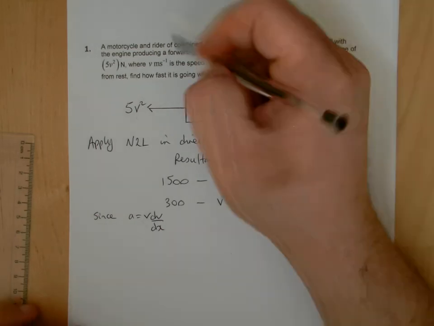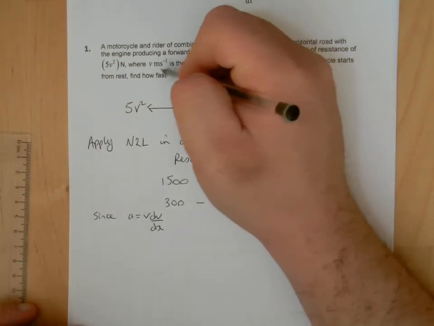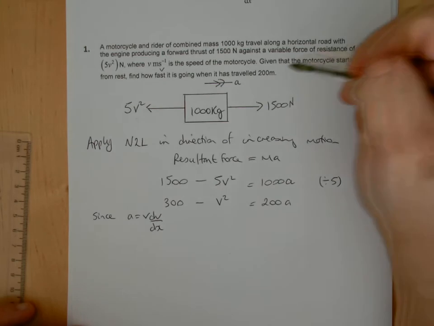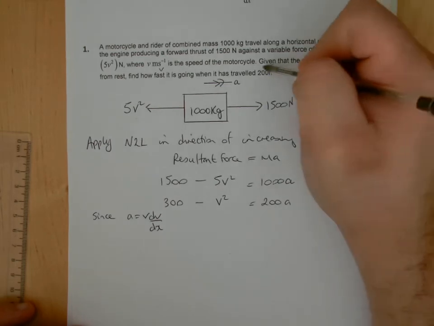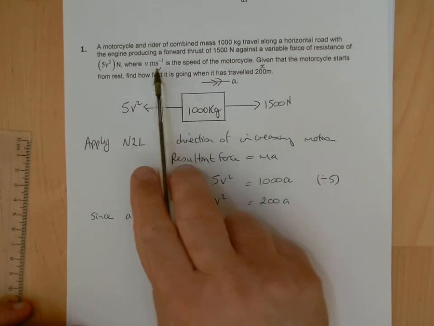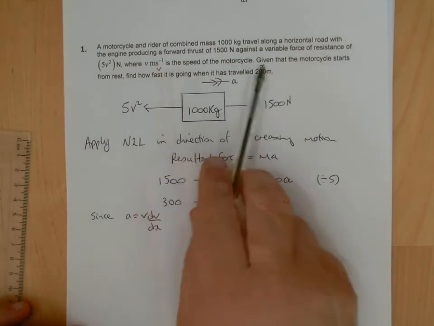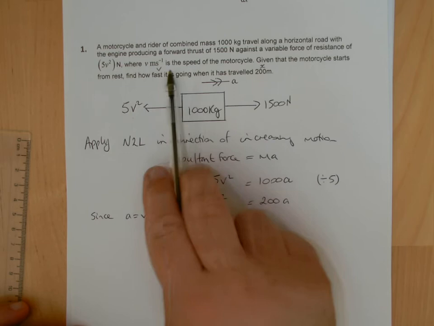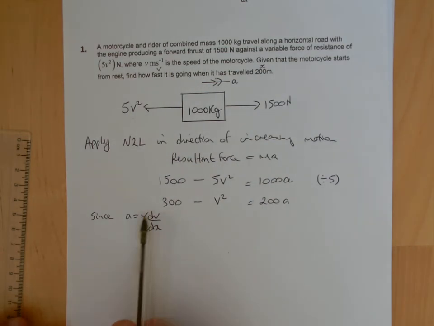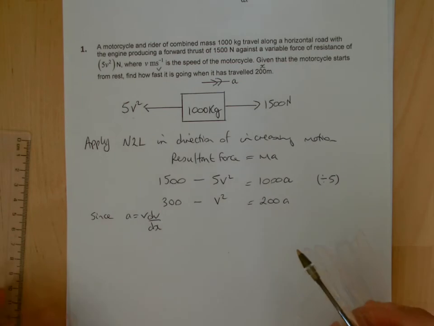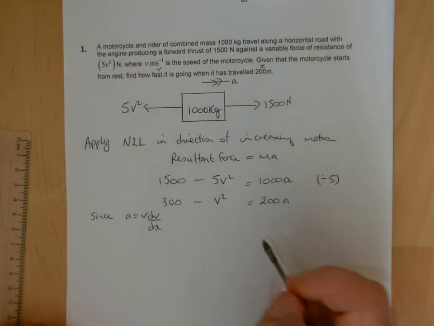How fast is the speed, v, and when it's travelled 200 meters refers to the distance, x. So it's linking v and x here. That's why I want a in terms of v and x, not v and t. That's what you've got to look out for.